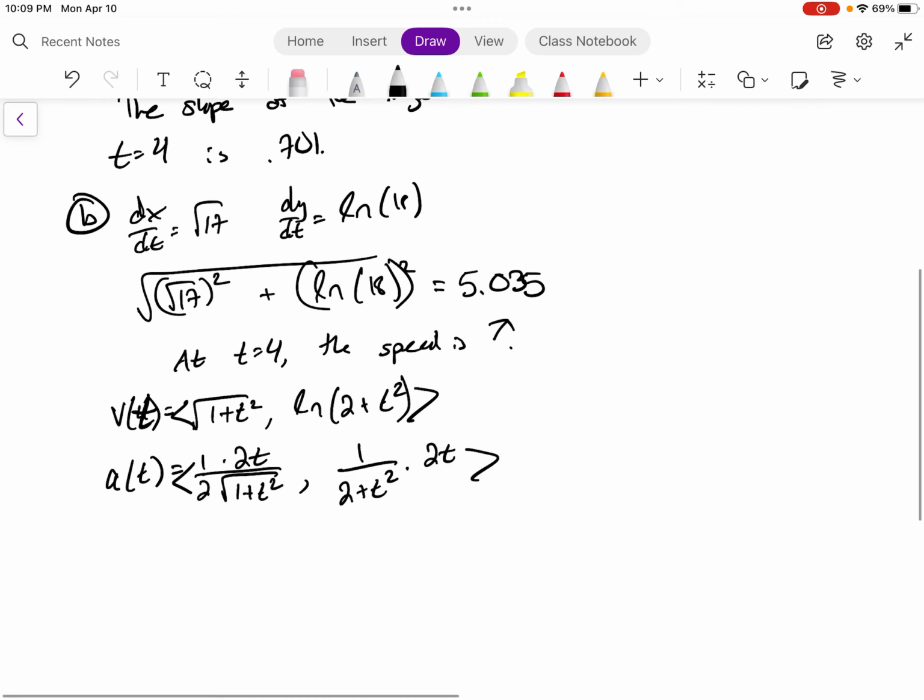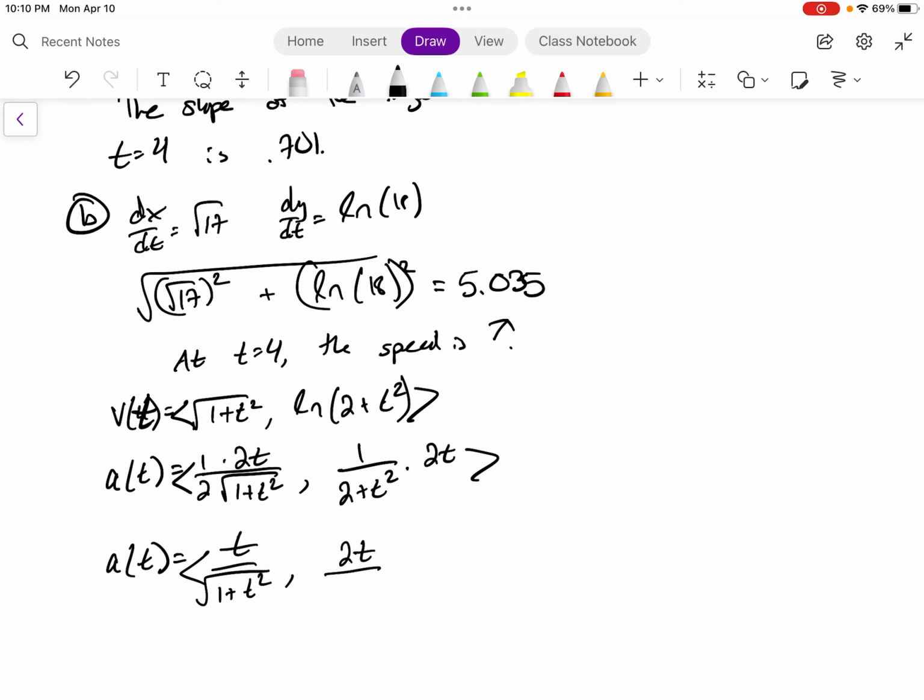So we would end up with something like t over root 1 plus t squared, comma, 2t over 2 plus t squared.